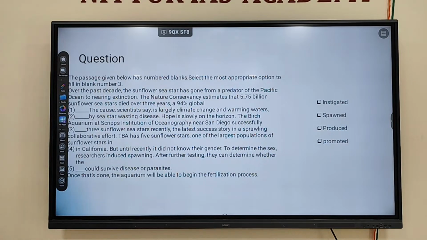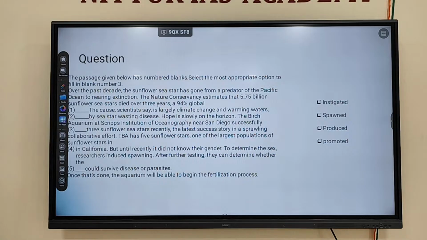Next one. The passage given below has numbered blanks. Select the most appropriate option to fill in blank number 3. Moving on. Over the past decade, the sunflower sea star has gone from a predator of the Pacific Ocean to nearing extinction. The Nature Conservancy estimates that 5.75 billion sunflower sea stars died over 3 years, a 94% global dash.